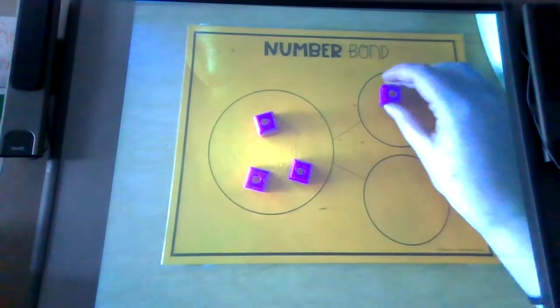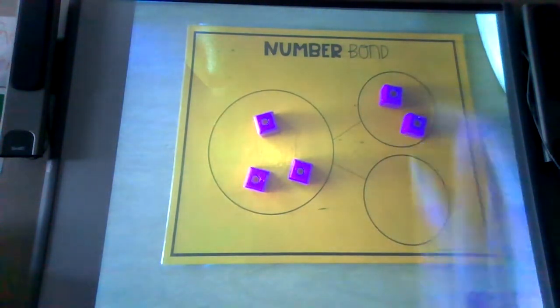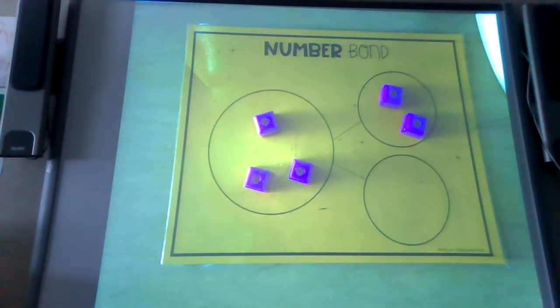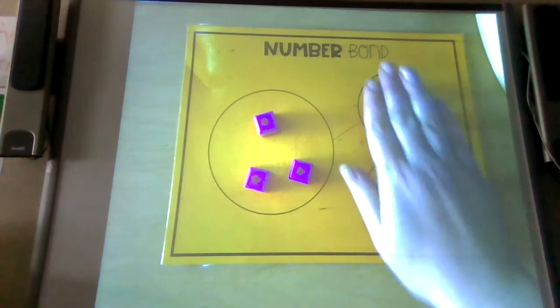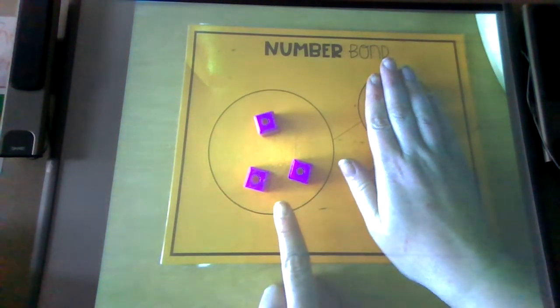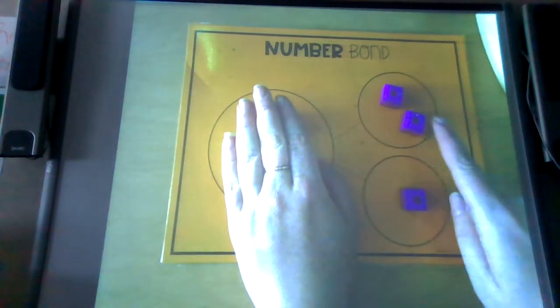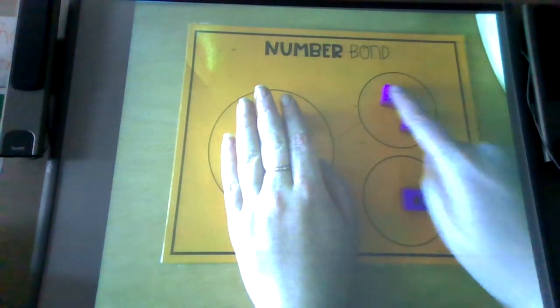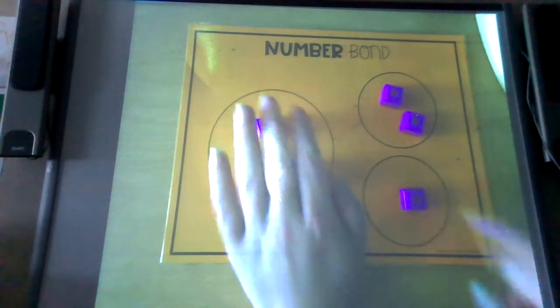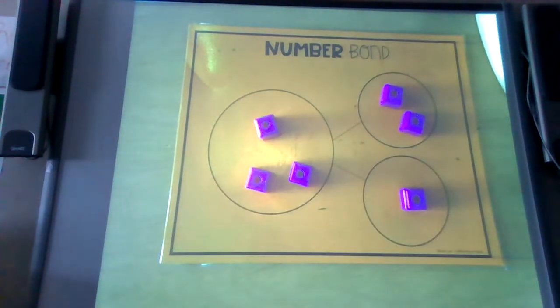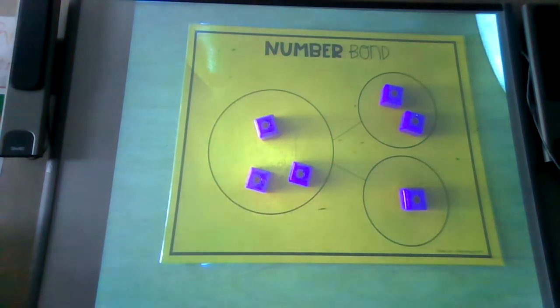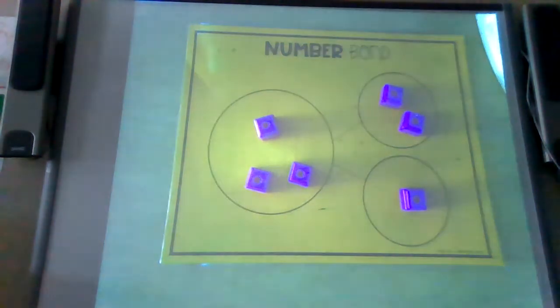So I'm going to put 1, 2, and then 1 down at the bottom. Because we know we started with 3 people. So after we break them into their groups, we still need to have 3. 1, 2, 3. Perfect.